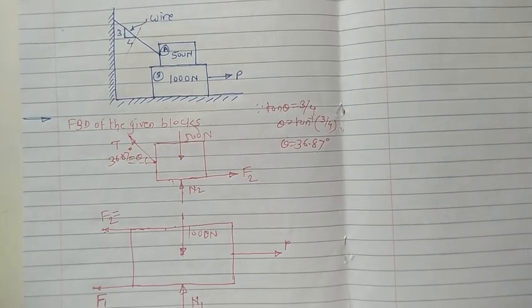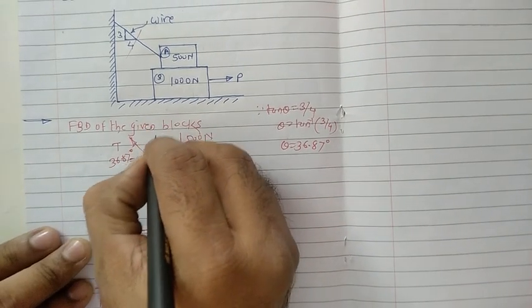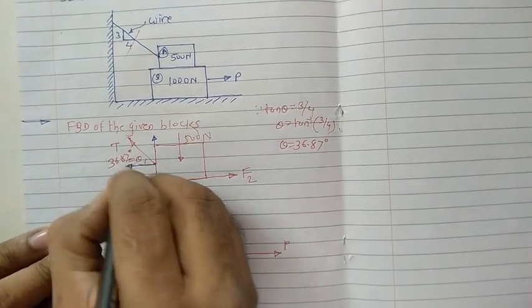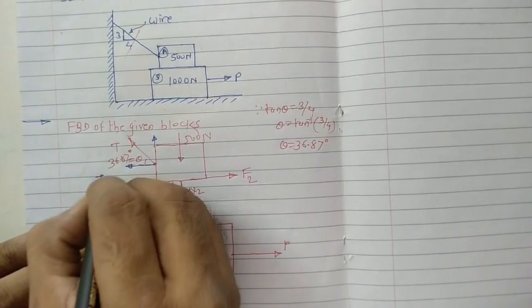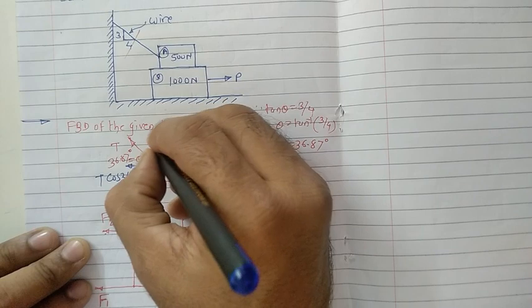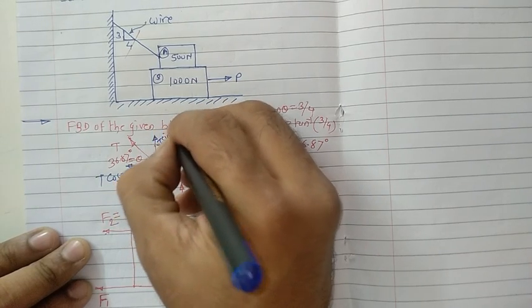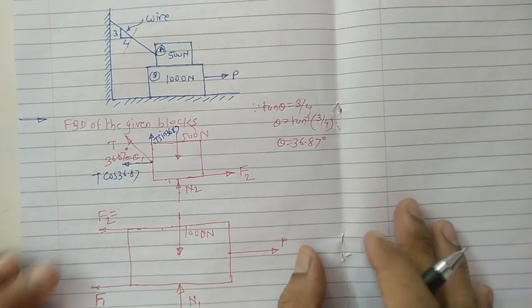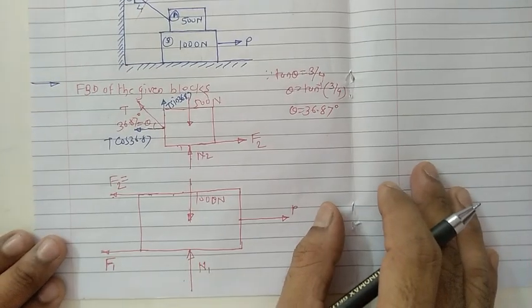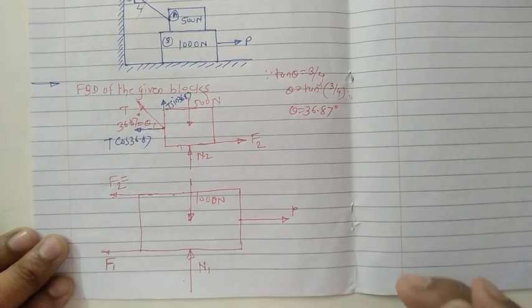At the same time, you can resolve this inclined force into its components: this component must be T cos 36.87 and this component must be T sin 36.87. Now all the forces are shown, and the names for all the forces are written here.